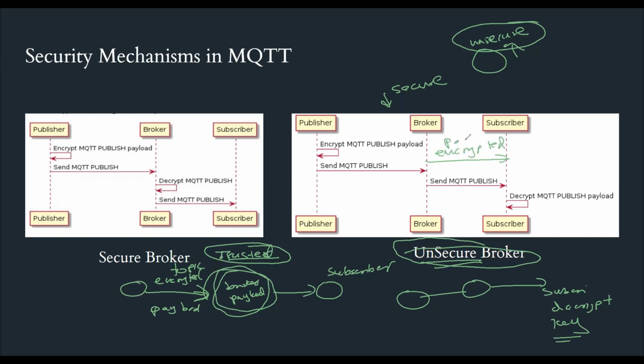In the first method, from broker to the subscriber, the payload will be unencrypted. The original data will be sent as raw data from the broker to the subscriber. So I hope that is clear.